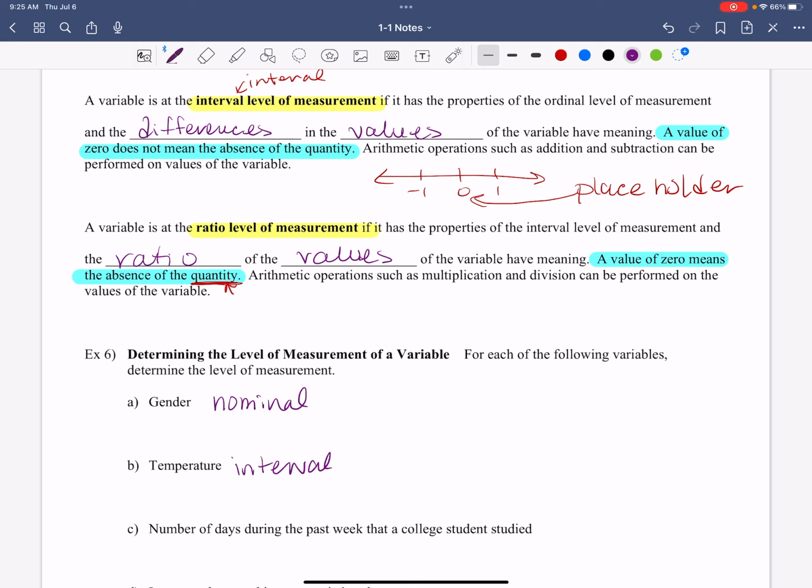Because if I'm looking at my degrees that's associated with that, if I have a negative 30 degrees, then in the lineup is 0 degrees or 30 degrees. It's not the quantity that I'm talking about. It's just, I'm at 0 degrees. Today is the temperature, right, of 0 degrees.